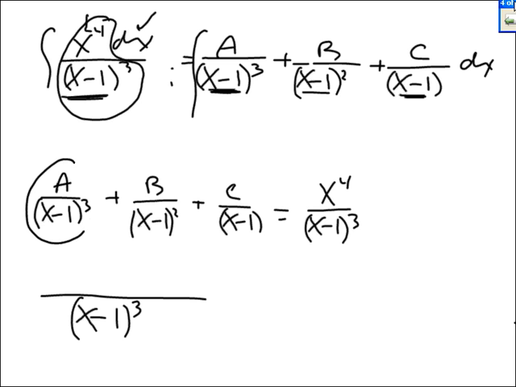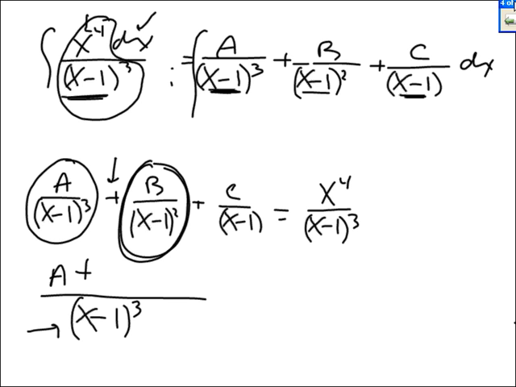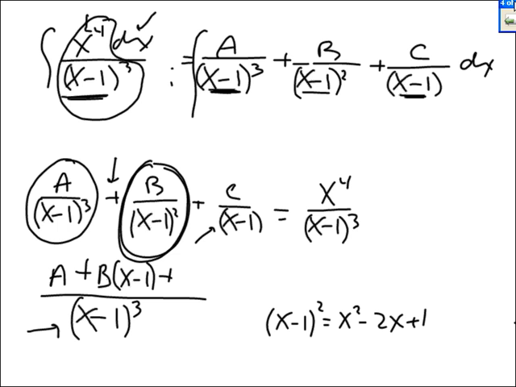Well, the denominator there is already x minus 1 cubed, so the top stays the same. Over here, I would have to multiply the denominator by x minus 1 to get this denominator. And since I do have that denominator, I have to do the same to the top. Plus, I need to multiply that denominator by x minus 1 squared, which is x squared minus 2x plus 1, top and bottom, in order to have x minus 1 cubed on the bottom.